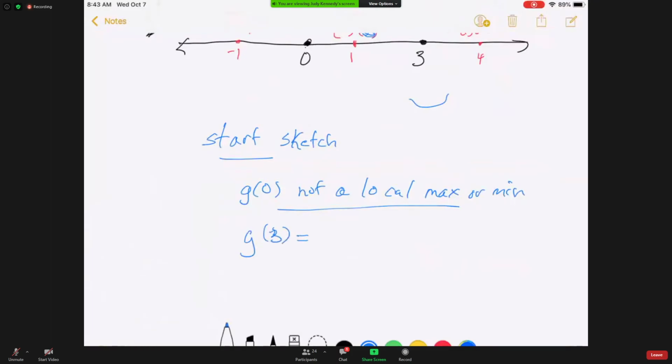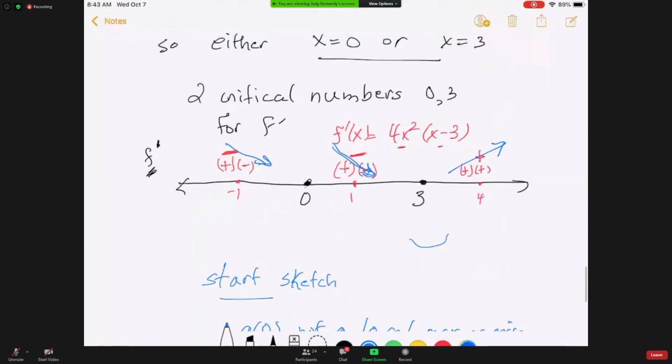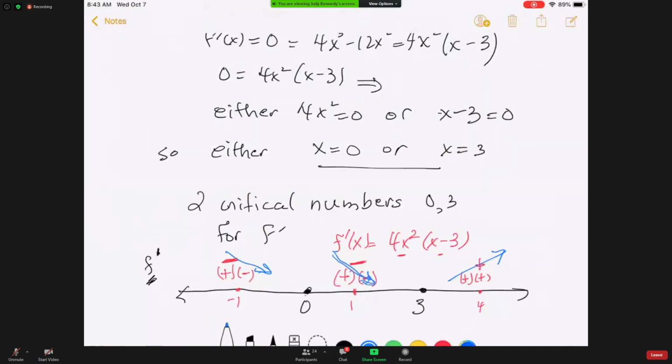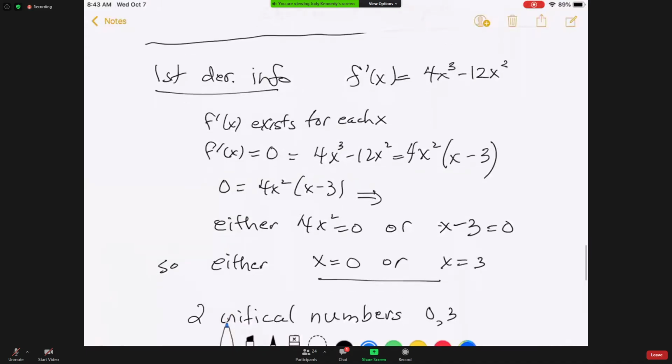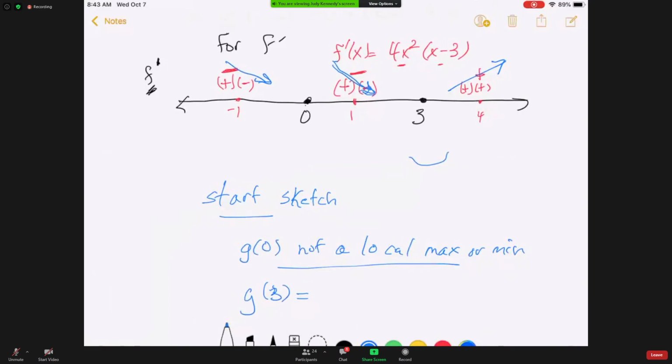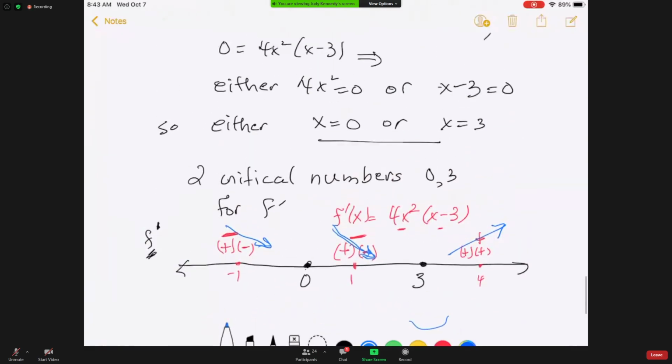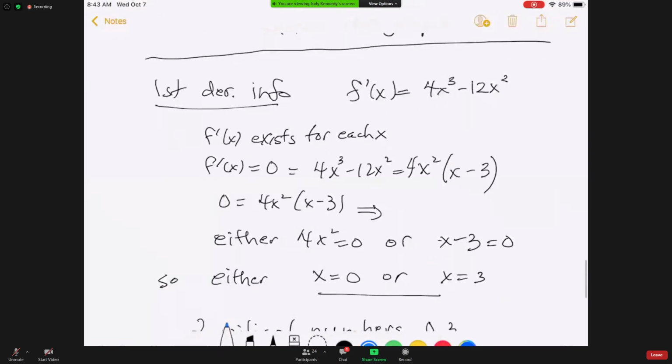which is, what is that number? 4x cubed minus 12x squared. You want a point, or you want the lowest point, so you put it back into the original function, okay? 4x cubed minus 12x squared.